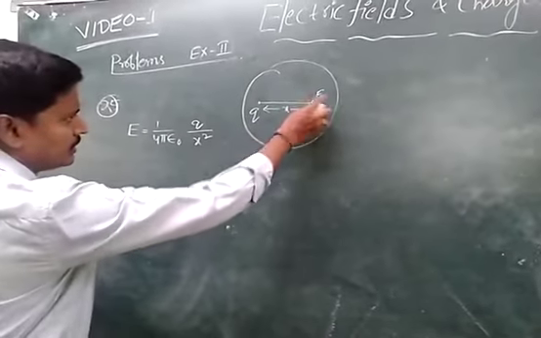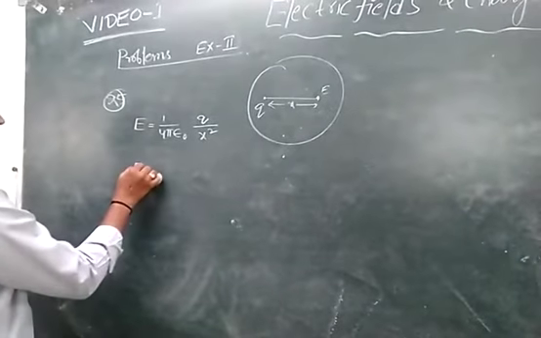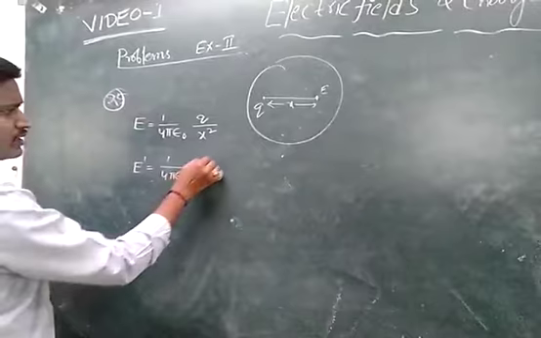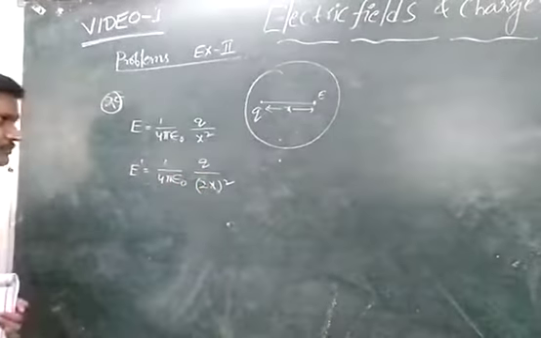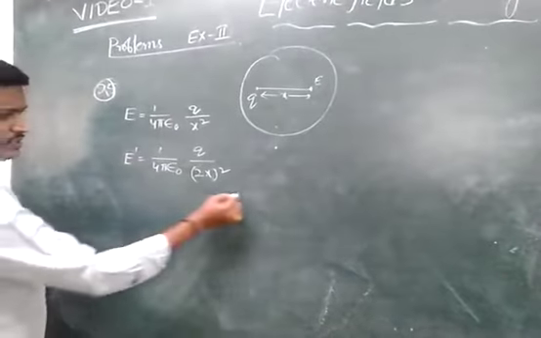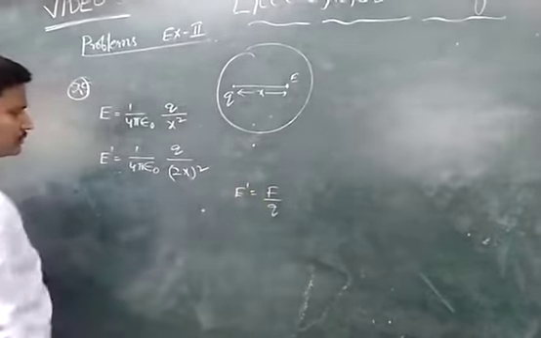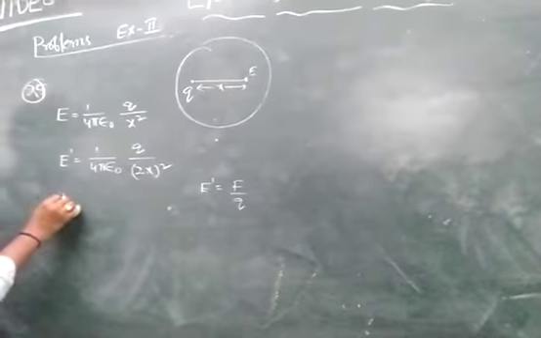E dash is equal to 1 by 4 pi epsilon naught into q by (2x) whole square. Then E dash is equal to F by q.